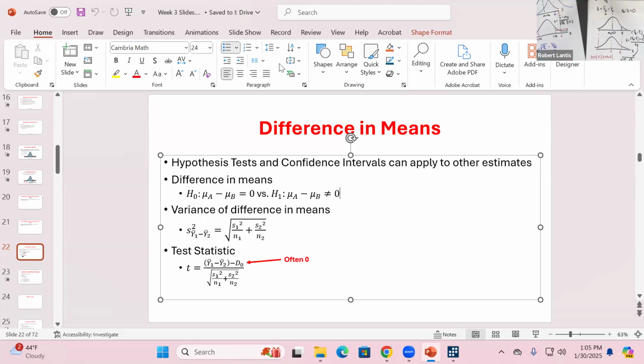Let's hope it works. Looks like my projector's turning back on. All right. Crisis averted.